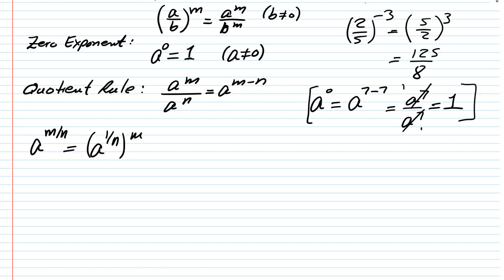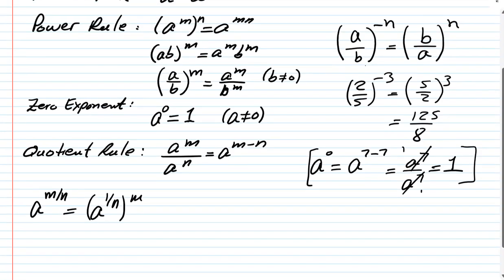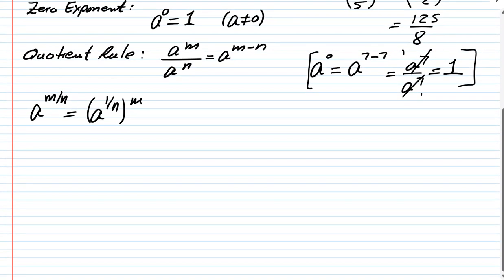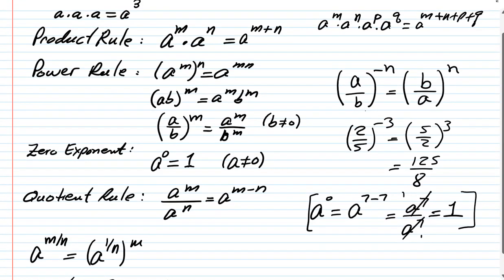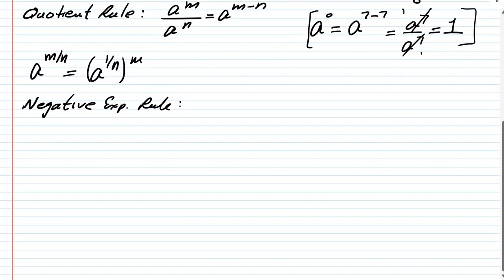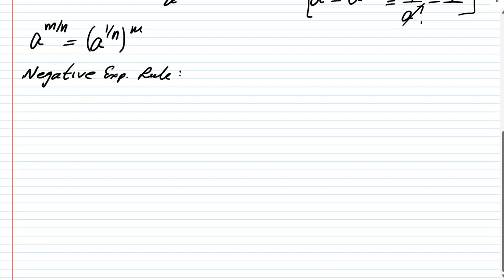Oh, the negative exponent rule, let me put that one because I didn't write that one in. This is the negative exponent rule. We already saw an example of it here. But the other version of the negative exponent rule goes like this. If you have a to negative m, you can write it as 1 over a to the m power.